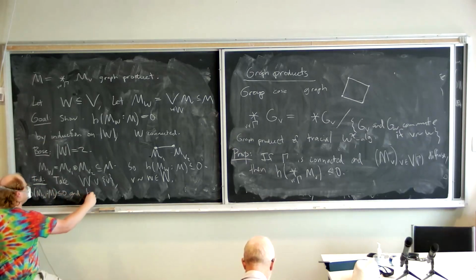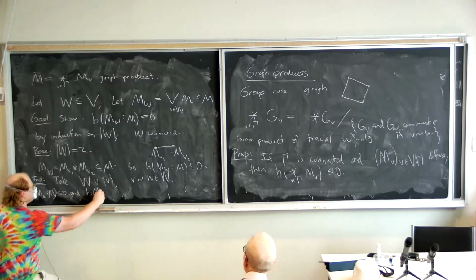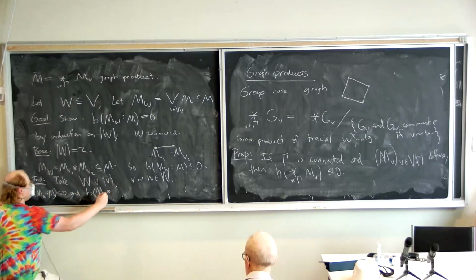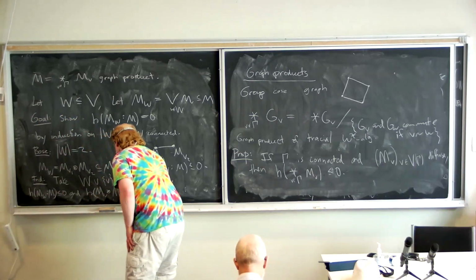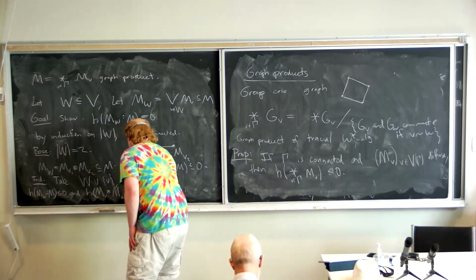And then also, if you were to take just these two vertices, this new vertex V that you're adding, and the vertex that it's adjacent to, you have a tensor product of those things. So this has entropy less than or equal to 0.